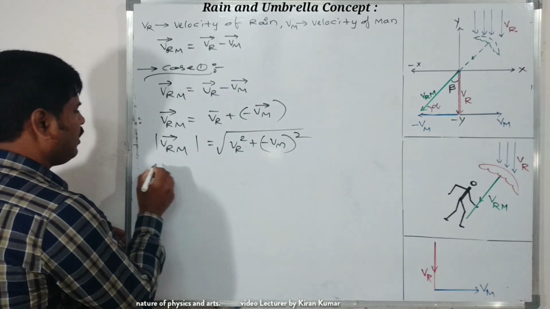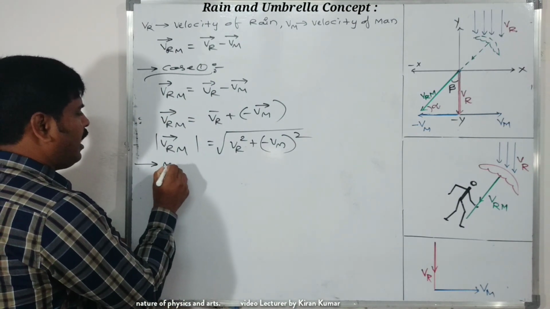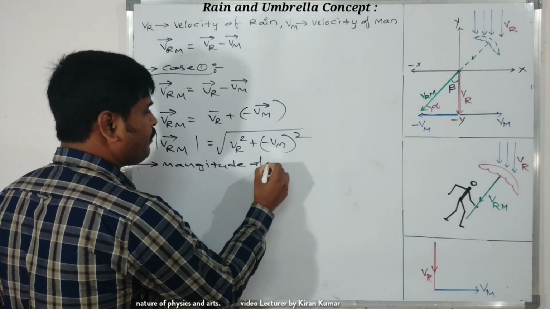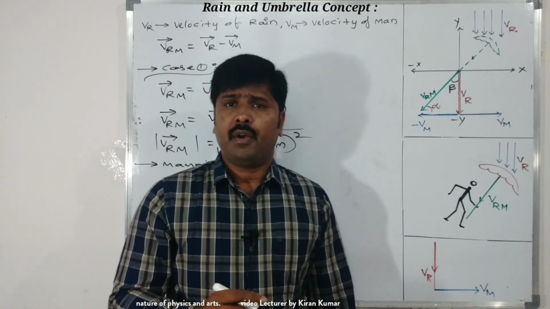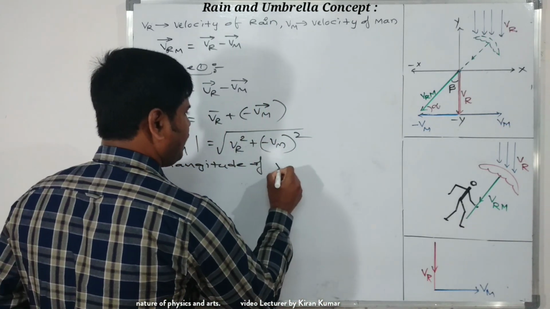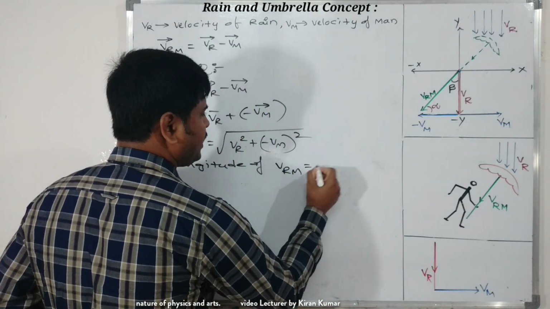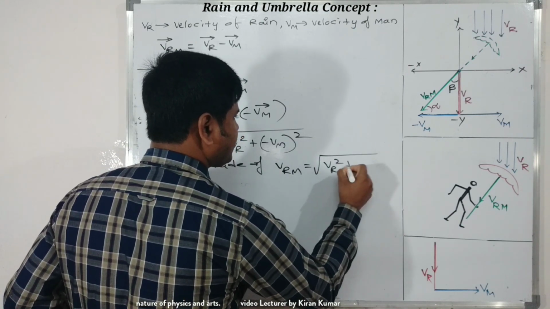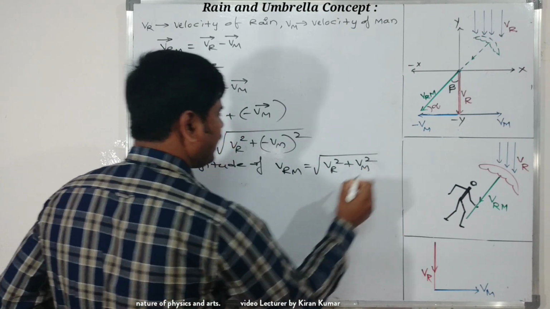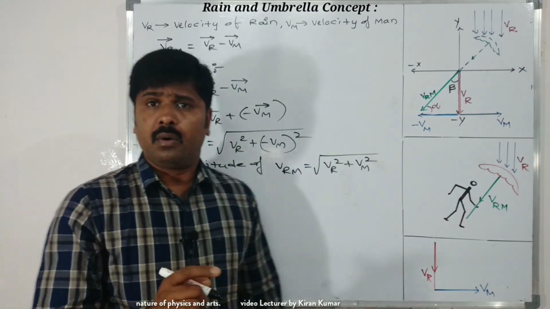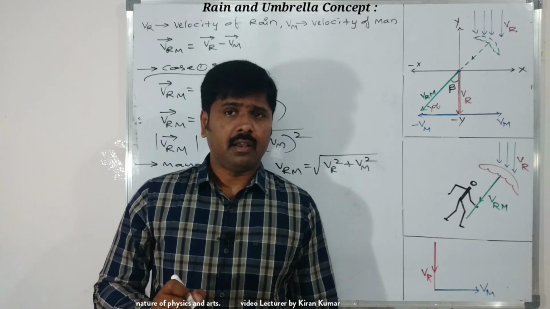So the magnitude of rain relative to the man, Vrm, is equal to root over Vr square plus Vm square. Only magnitude is considered here.